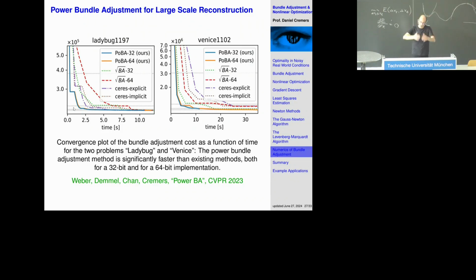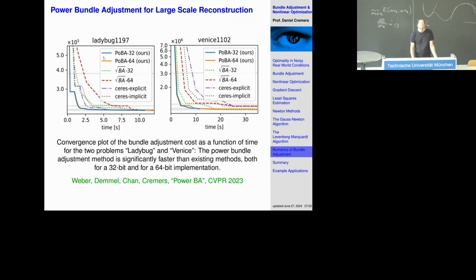As we said, you want to minimize the loss, and so you want to look at how fast can I minimize it. And you can see, depending on how much precision you want, these power bundle adjustment solvers, no matter whether you take a 64-bit or a 32-bit implementation, are very fast. And both implementations give you essentially the same performance.